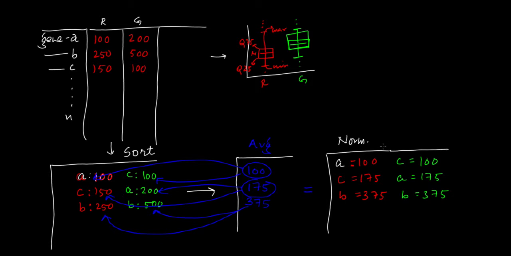Essentially, this is for red normalized, this is normalized green. What you see here is important: the lowest value of this column and this column is the same, 100, 100, and the highest value of this column and this column is the same, 375, 375.